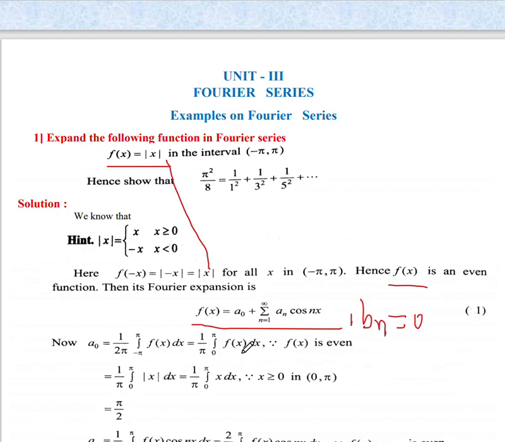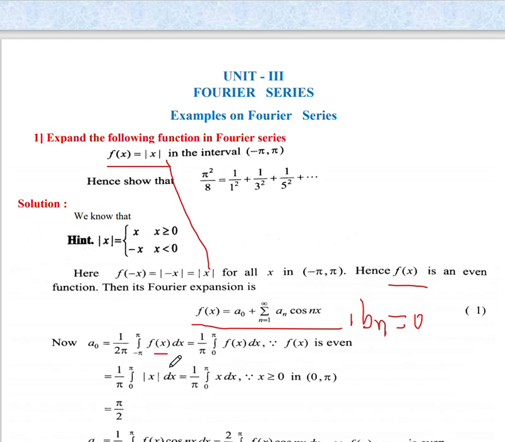Now we will find a0. The formula of a0 is given as 1 upon 2 pi integral minus pi to pi f of x dx, because the interval is given as minus pi to pi. But here f of x is an even function.